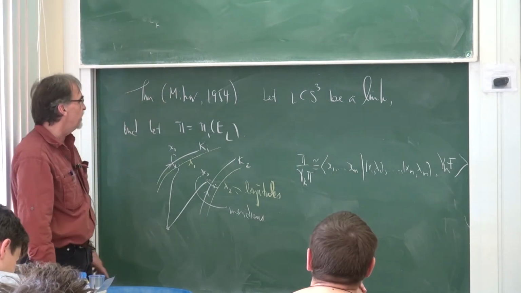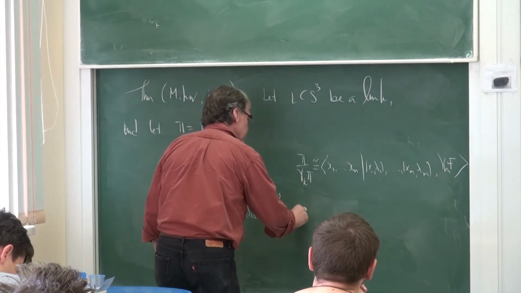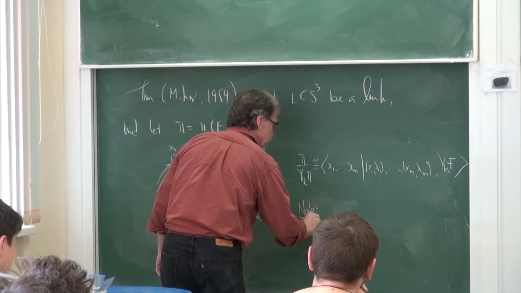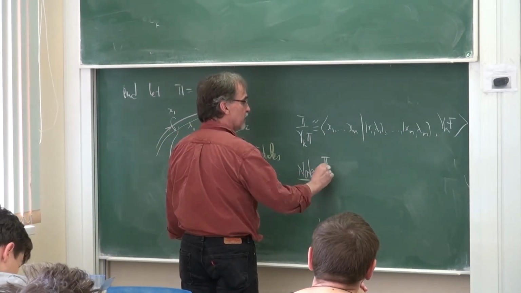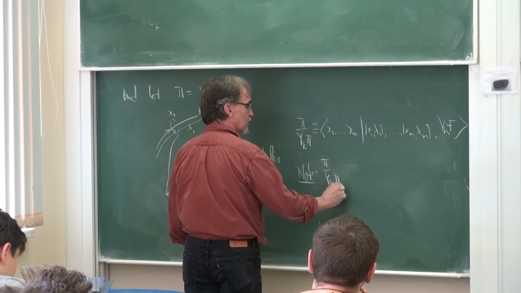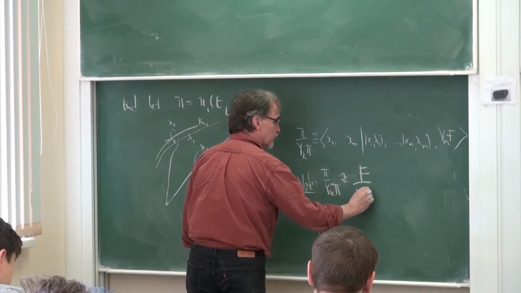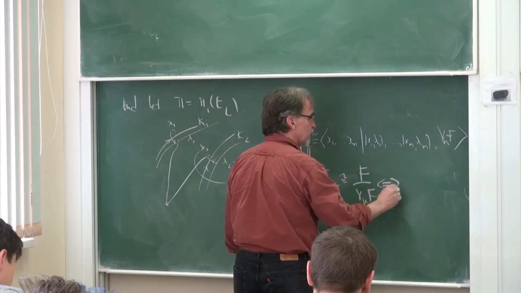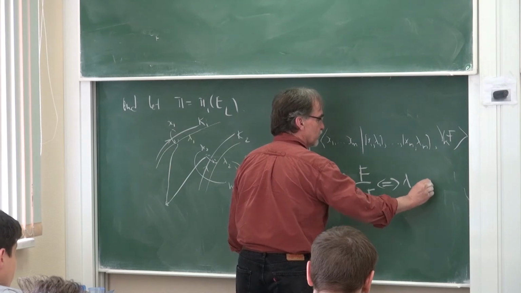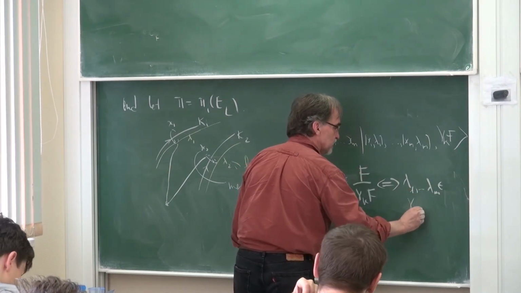Now, why did he care? Well, his idea was, let's note something. This implies that pi mod gamma k of pi is isomorphic to the free group modulo gamma k of the free group on x1 through xm, if and only if the lambda 1 through lambda m lie in gamma k minus 1 of pi.